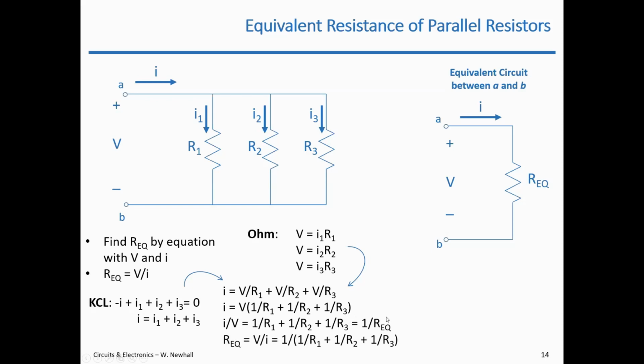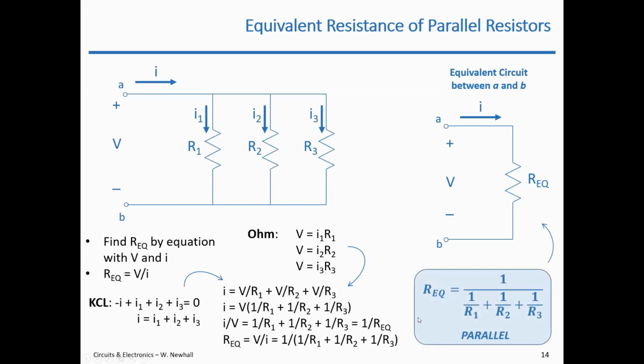I invert that, and I get this. REQ equals 1 over this. Written a little more cleanly, you get this. So REQ equals 1 over the sum of the reciprocals of the resistances. Okay? So that's how you find REQ for parallel resistors.